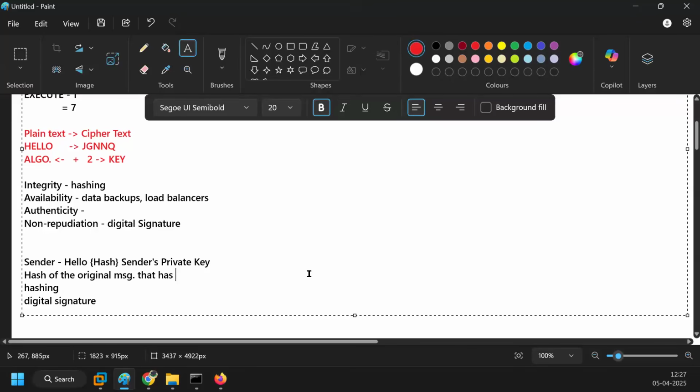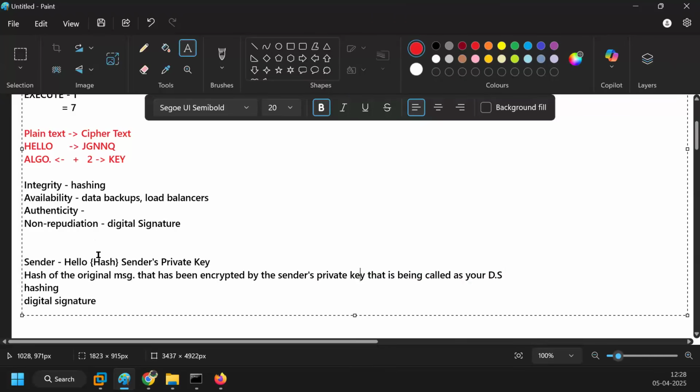that has been encrypted by the sender's private key. That is called your digital signature. With the help of that, the moment you receive that message, you will also check the hash.